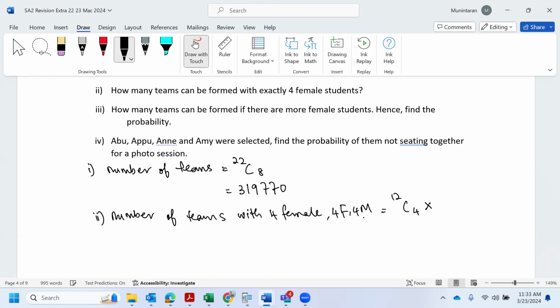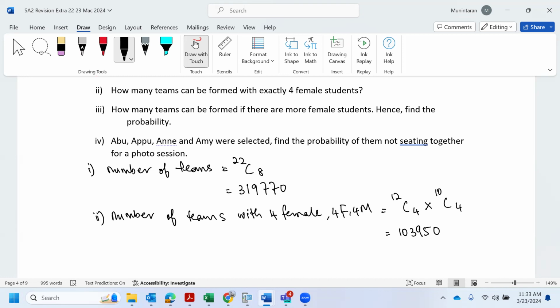Multiply because they are together, 10 boys choose 4. You can just use your calculator effectively, press maths PROB. You'll be getting 103,950. If the value is not correct, please voice over me.